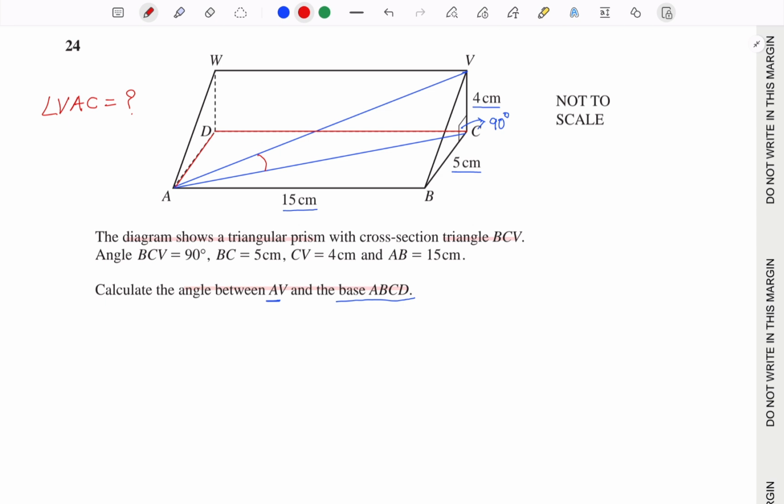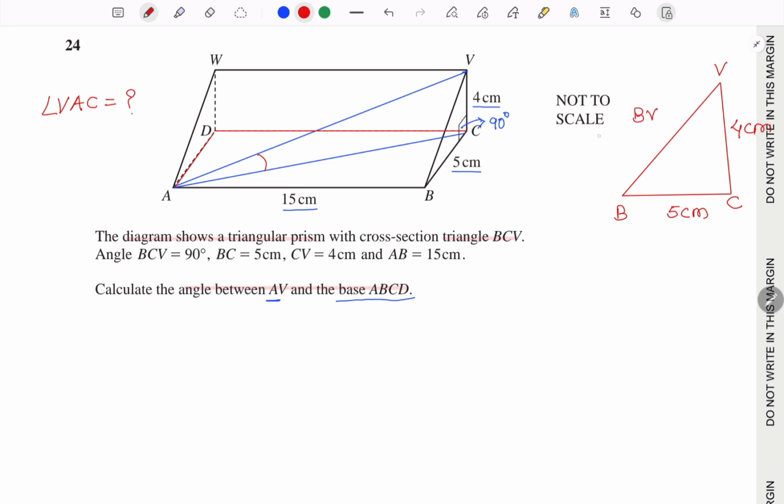At first, let's go to the triangle BCV. Let me draw that here. This one is B, C, and V. This one BC is 5 centimeters. The length of CV is 4 centimeters. With the use of Pythagorean theorem, we can calculate the length BV.